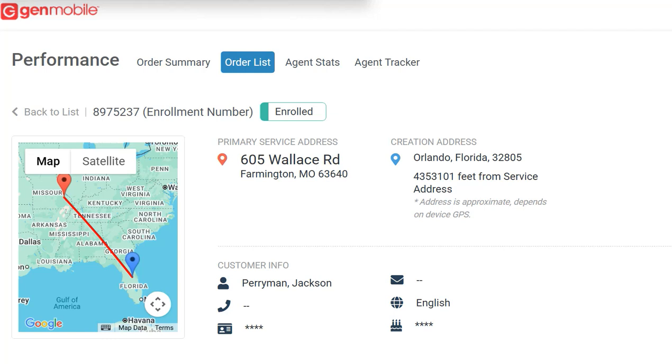However, let's say Seamus encountered this person 2 days ago in Missouri and then activated it in Florida. Chances are that this customer did not follow the rep to Florida to pick up his phone.